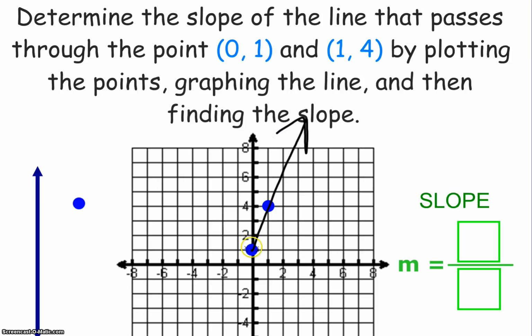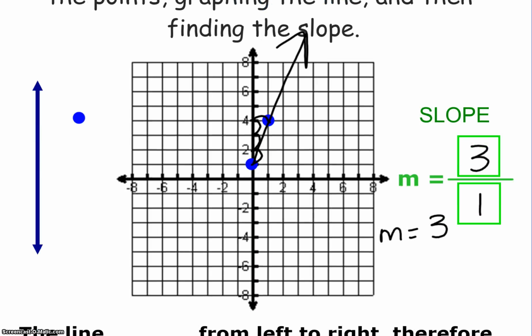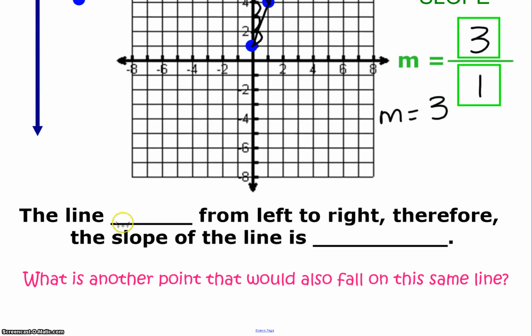So we need our rise. How far did we rise? 1, 2, 3, over 1. So your slope equals 3. So the line blank from left to right.